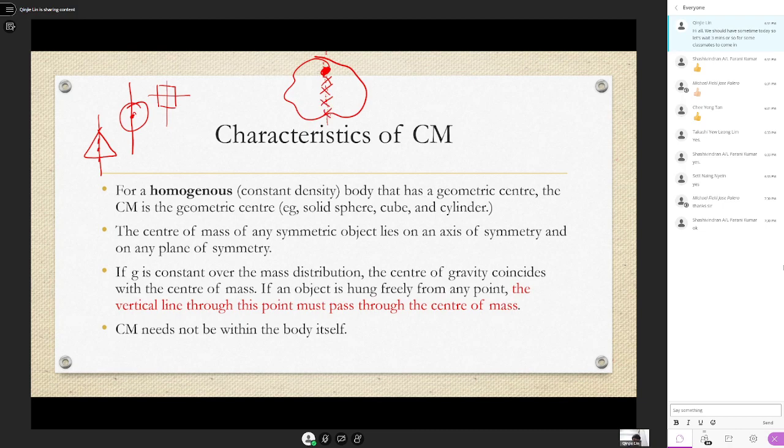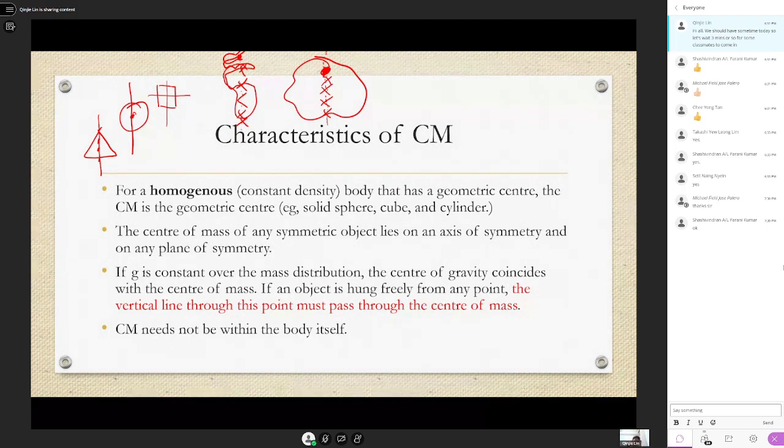It must be on the vertical line. Same if you have some other random shape and you hang a pin here, the vertical line down must also be along this line. That's what it's trying to say.